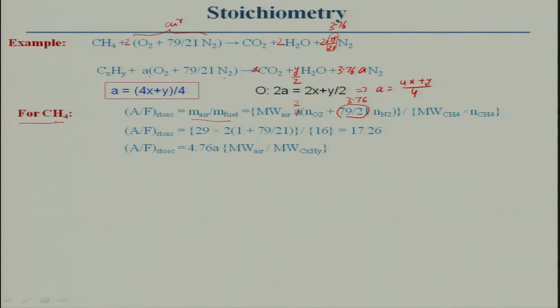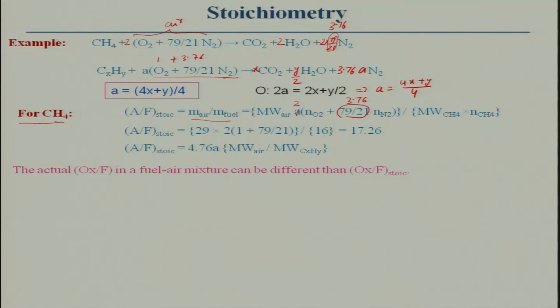If you look at this portion, it is 1 plus 3.76, because of the number of moles, so it will be 4.76 A, and then molecular weight of air divided by molecular weight of the fuel, in this case the hydrocarbon. So, that is a very simple formula you can remember, provided it is a hydrocarbon.